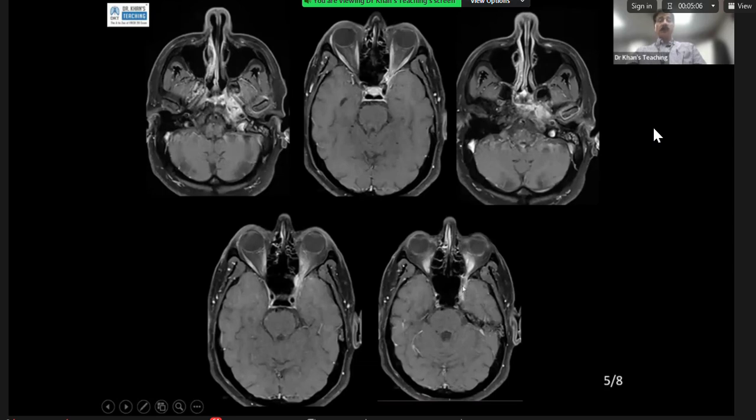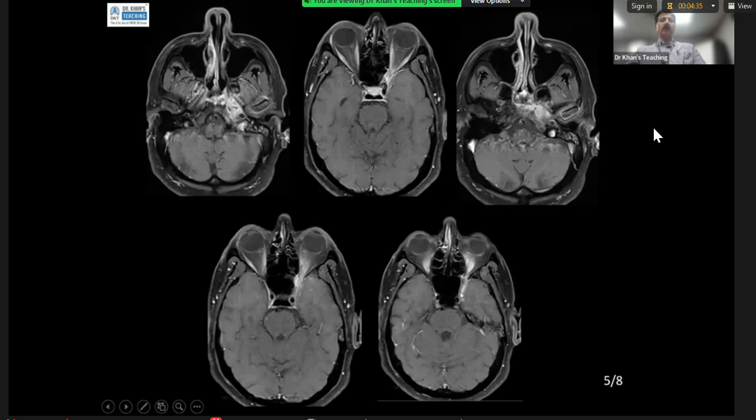I will show you cases, maybe next session, where please remember that there can be secondary thrombosis of the ICA, and that is known to happen. When there is cavernous sinus thrombosis, because there is infection, that infection can penetrate the wall of the carotid artery, and the patient will present with stroke, complete occlusion of the carotid.